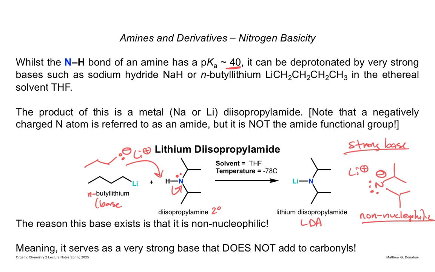So you can form a strong nitrogen base to do your proton transfer without it doing any SN2 chemistry. Again, the relevance of that will come into play more in Module 4, but since we're talking about amine bases, this is one of the strongest ones you can generate.